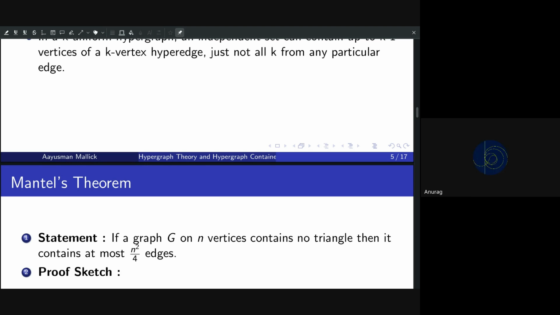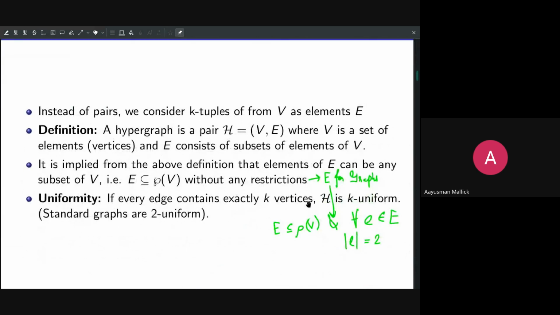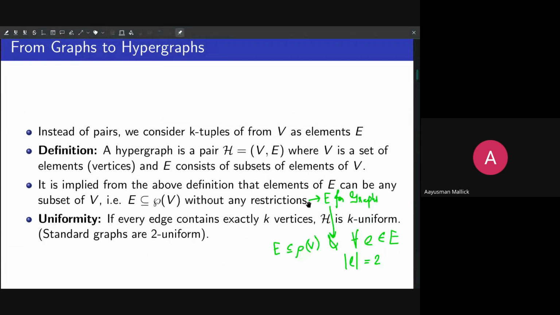Could you repeat what is a hyperedge? Yeah, sure. We define the edges of graphs as unordered pairs of vertices, or unordered pairs of elements from the first set.